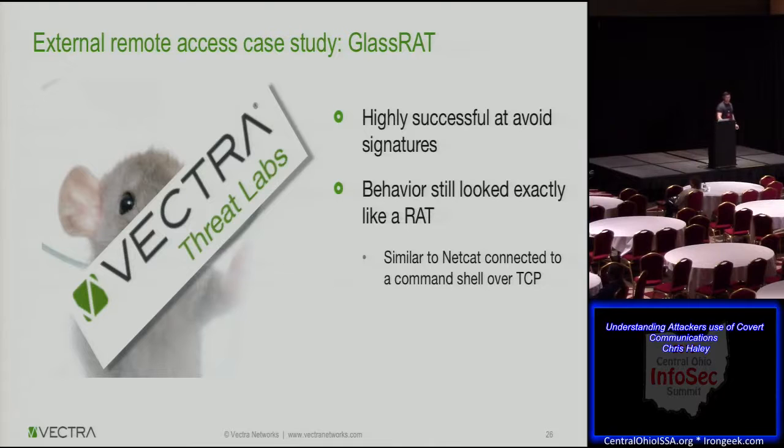But when we looked at it, it did show up as a remote access tunnel. Once this became widely available, RSA published their paper on this. We took a look at it within our labs, and again, it's back to behavior. It behaved very similar to Netcat in this case.